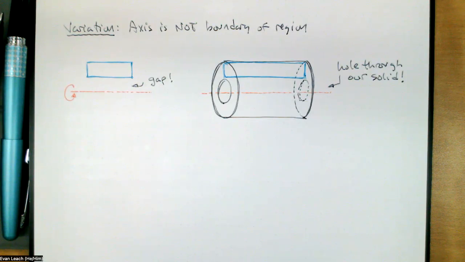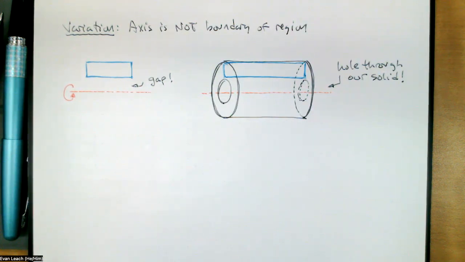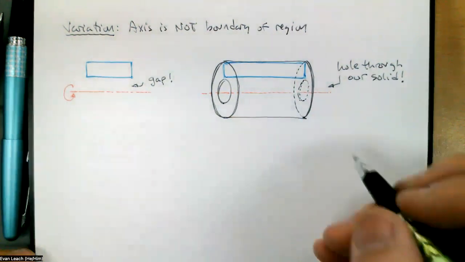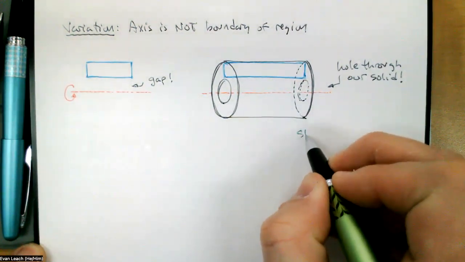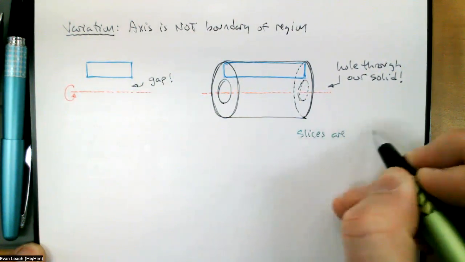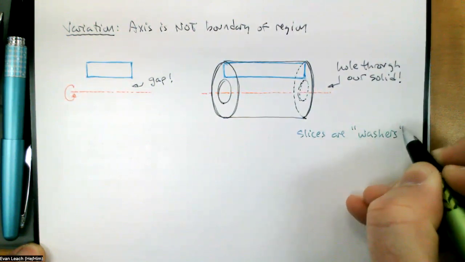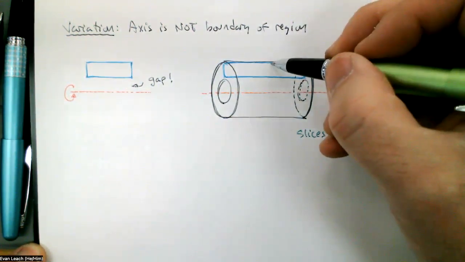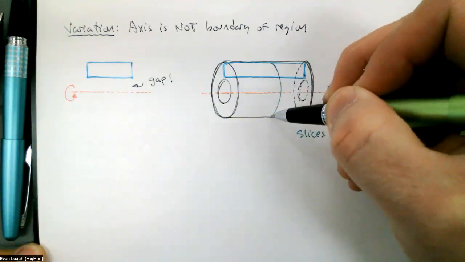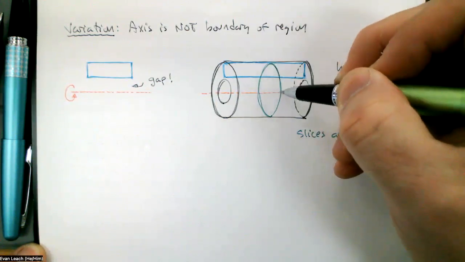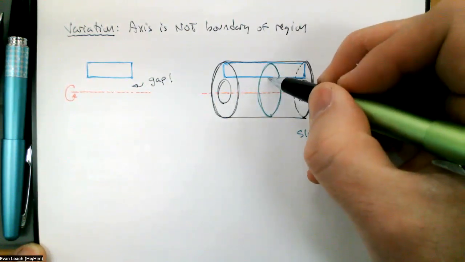So our slices are not just full circles. Our slices are circles, but with circular holes in them. We like to describe these as washers. So it's not just a circle. It's a circle with a circular hole in it.